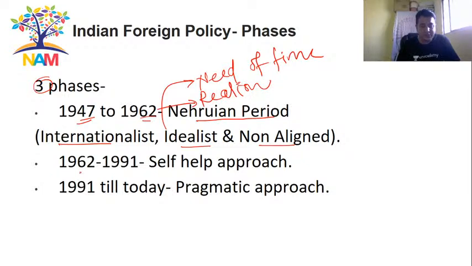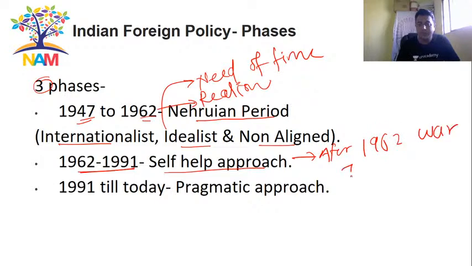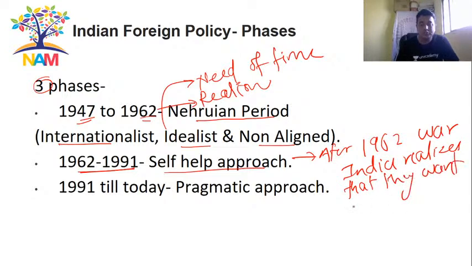Next we mentioned 1962 to 1991, the self-help approach. After the 1962 war, India realizes that they want to strengthen themselves.